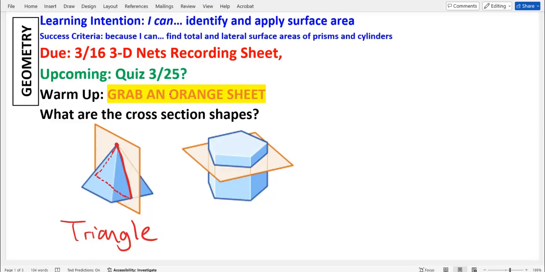Now, what about this? This cross section is parallel to the base. And remember, if it's parallel to the base, it matches the base. And what is this base? How many sides? 1, 2, 3, 4, 5. So what do you call that five-sided figure?